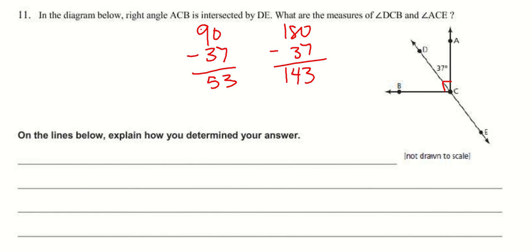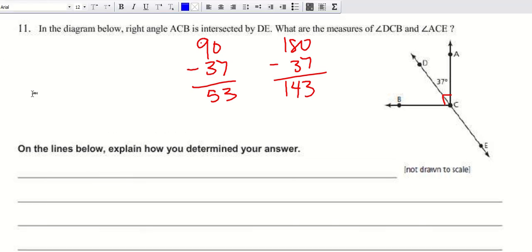All right, and then we're going to put our explanation down. So remember, we want to use those key vocab words here, right? So we're going to talk about the fact that angle DCB is how many degrees? What did we get? 53 degrees, right? And then why?